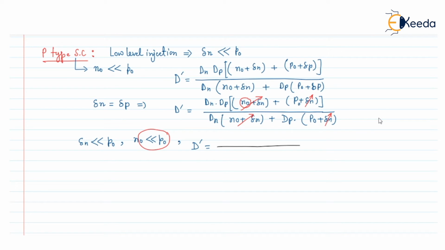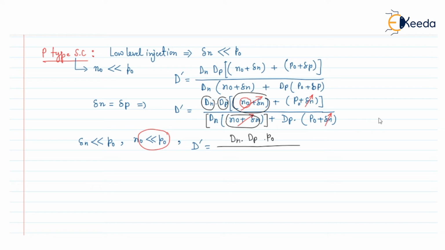D dash will be dn, this dn, then dp, so we can write dp. So we have neglected this term n0 plus del n, so there is only p0. In the denominator, we have neglected this n0 plus del n term, so this total term will be neglected.